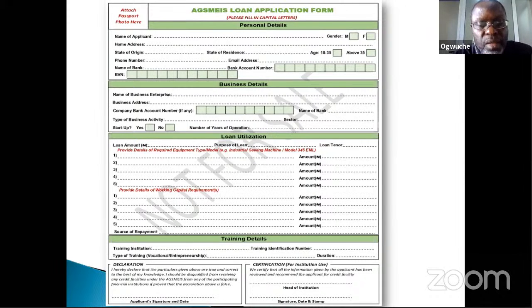Then the last section is training details. Training institution. Sidron Nigeria Limited is a training institution. Sidron Nigeria Limited EDI. Training identification. On Saturday, we'll have our graduation and then you'll be issued with your certificate. On the certificate, there is a code, a certificate number. That is what you complete there as a training identification number.